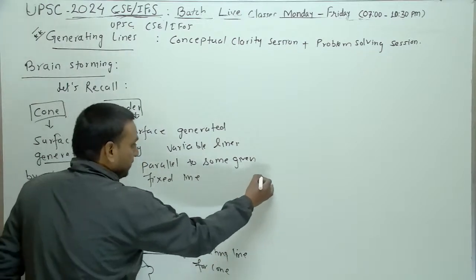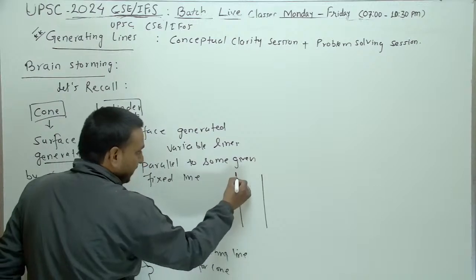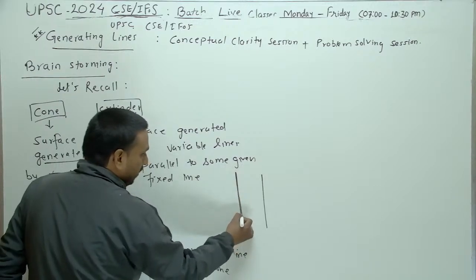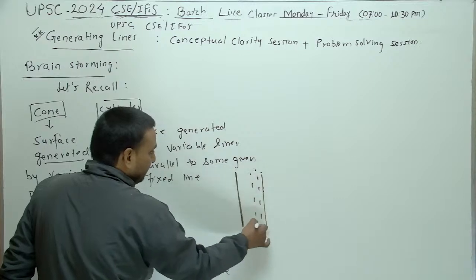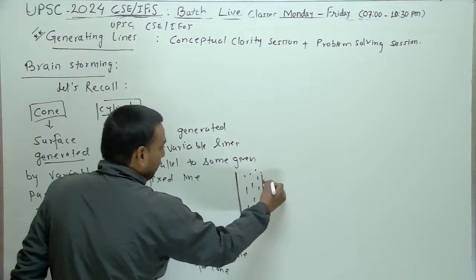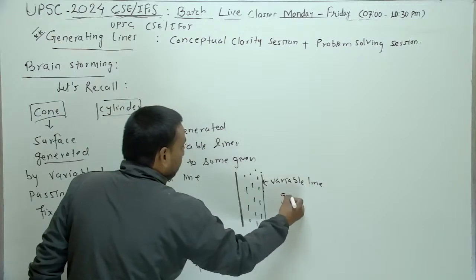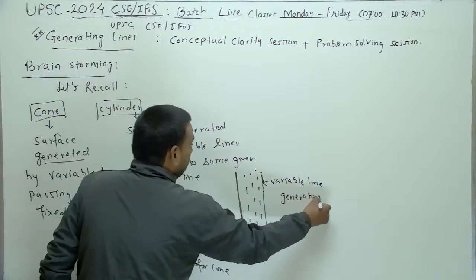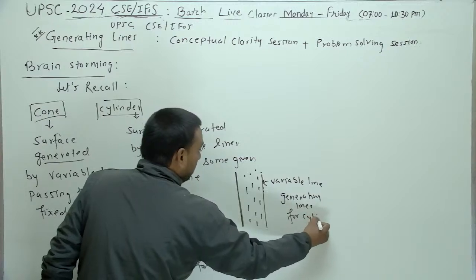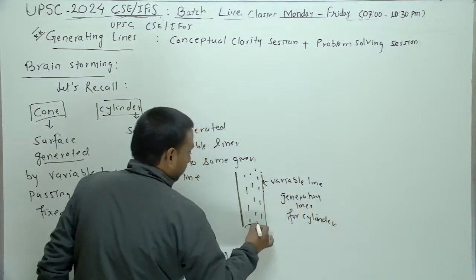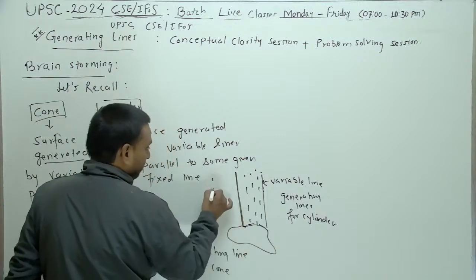When you talk about cylinder, let's say this is the given line, I already told in the conceptual clarity session. So let's say we have these parallel lines, तो ये जो variable lines हैं, those we call generating lines for cylinder. I hope this will be clear to all, right?